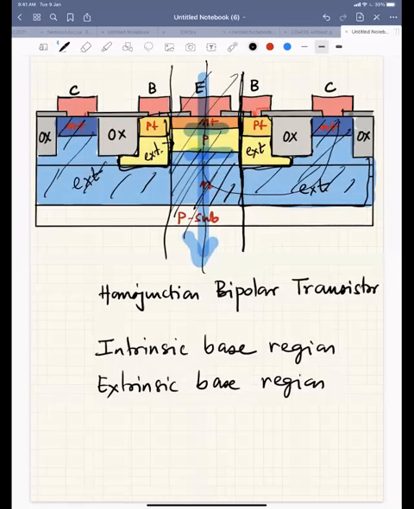And if you look at the layout, because layout is very critical, if you design a bipolar junction transistor based circuit and send it for fabrication, you have to do a layout also. So we have the emitter area, which you have to draw.